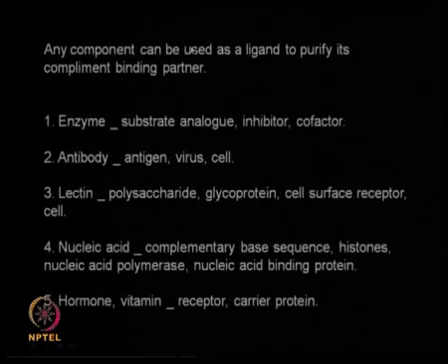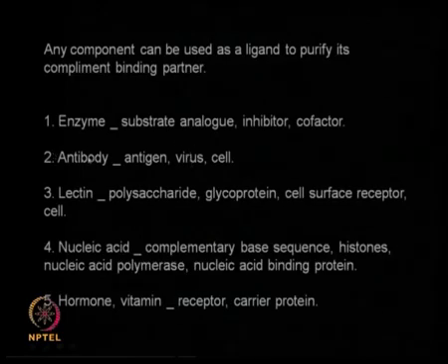Any component can be used as a ligand to purify its complementary binding partner. For an enzyme, it could be a substrate analog, an inhibitor, or a cofactor. If it is an antibody, the partner could be an antigen, a virus, or a cell. So if I am going to separate a virus present in a mixture, I run it through an affinity chromatography column where the antibody is my affinity ligand.